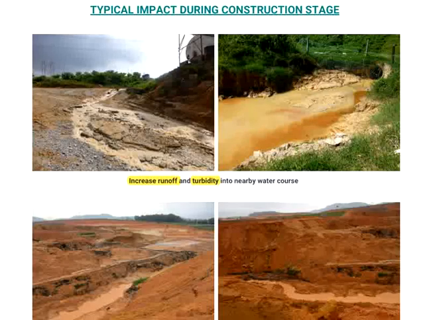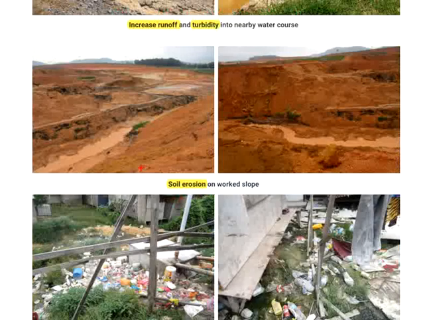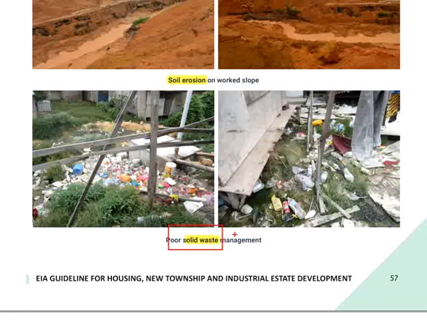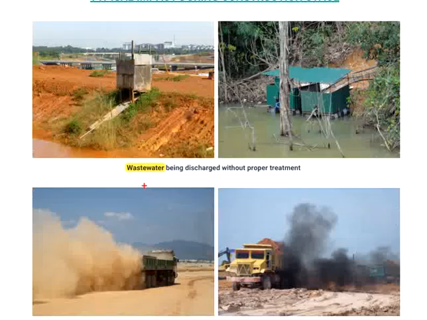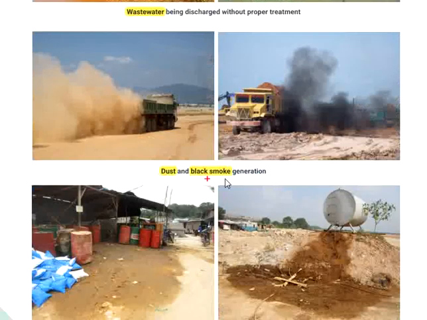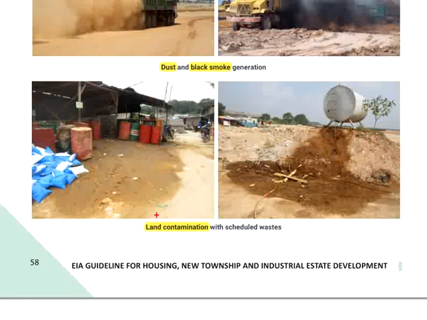These are some typical impacts during the construction stage: increased runoff and turbidity of the nearby water source, soil erosions, solid waste, wastewater without proper treatment, dust and smoke, land contaminations.